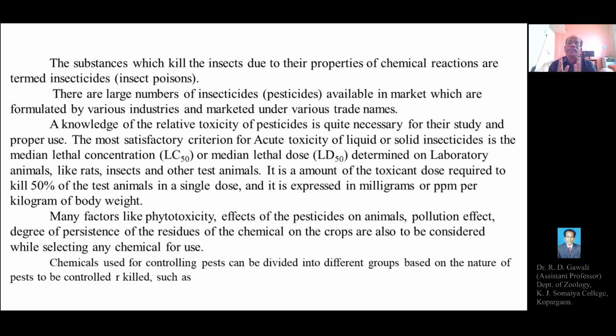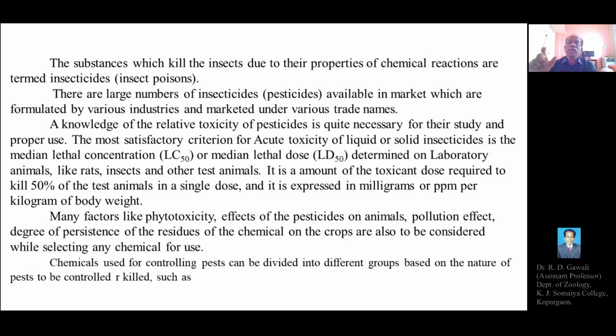So in both cases it is a lethal dose or lethal concentration of the pesticide so as to cause 50% mortality, called LC50 and LD50.